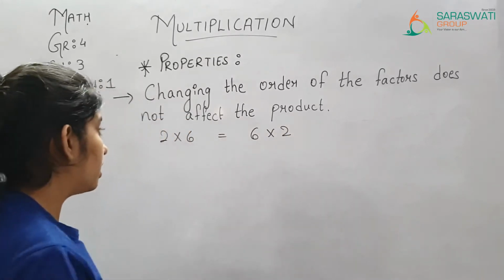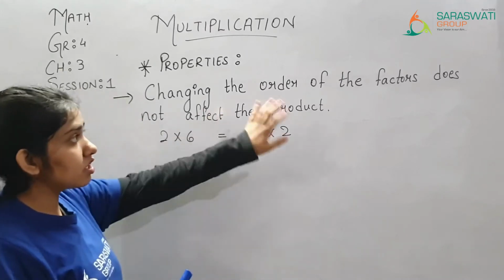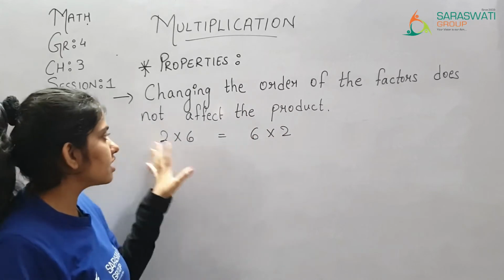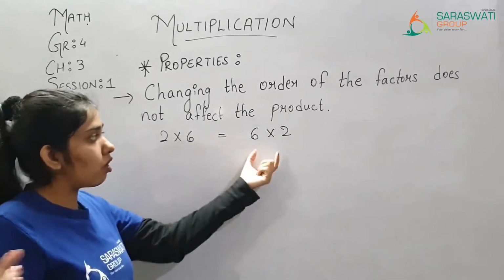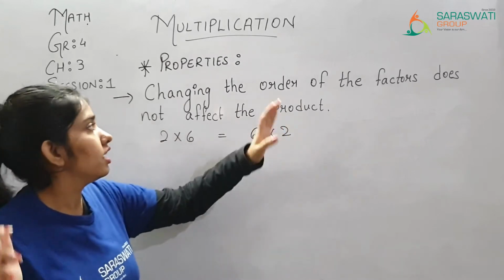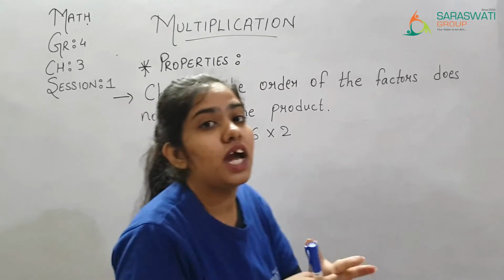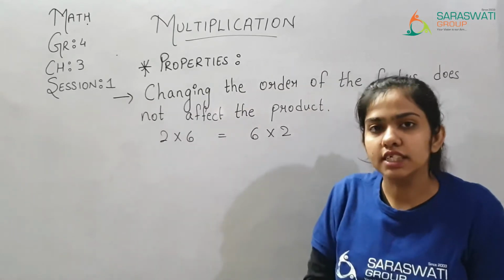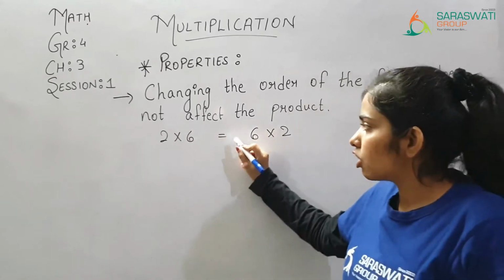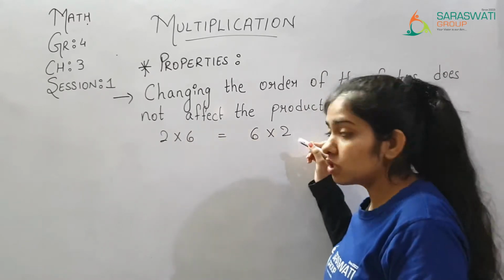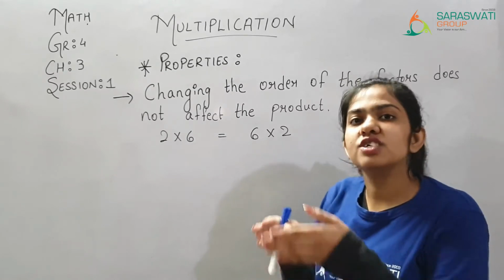Over here you can see that the very first property is changing the order of the factors. It means that if you change the numbers, like write 2 into 6 or 6 into 2, it will not affect the product. Product means answer. There will be no changes in it. If you write 2 into 6 the answer is 12, and if you write 6 into 2 the answer is also 12. There will be no changes in that.